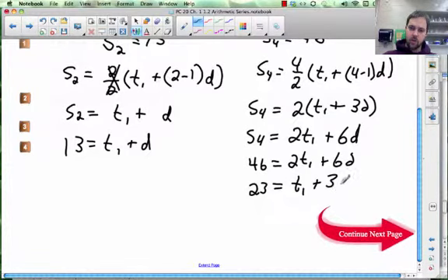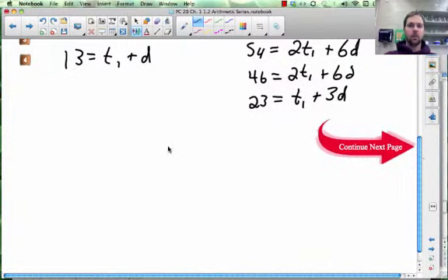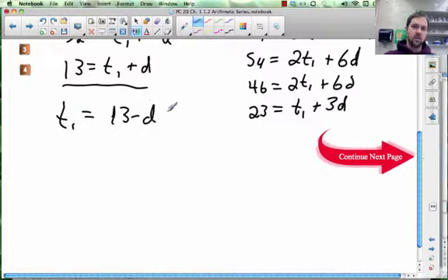So 23 equals T1 plus 3d. Now, how do we do this? Let's write an expression for T1 in general in this equation, and then substitute it into this equation. So solve for T1 and we get T1 equals 13 minus d.